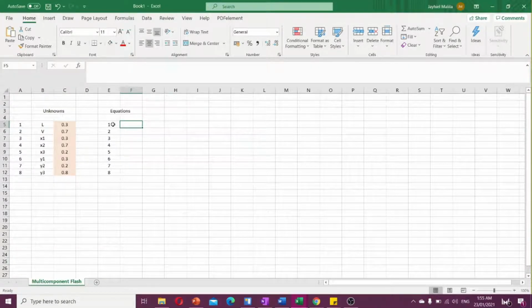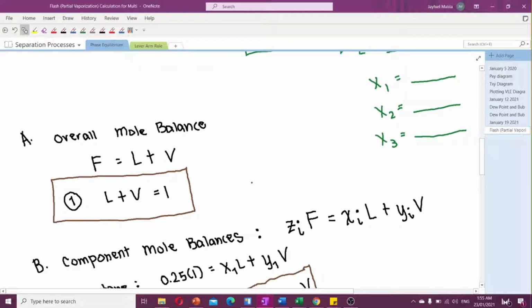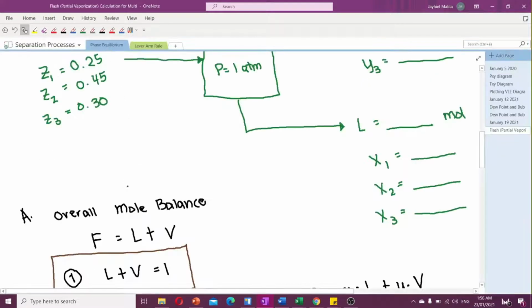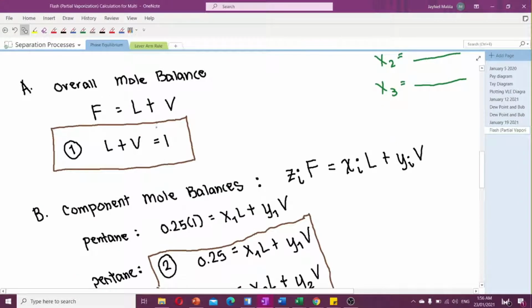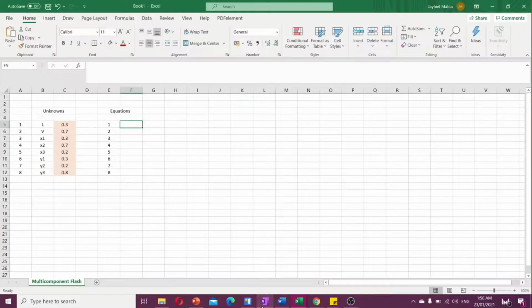That's what we call the dependent equation, and it's not useful, or we need to just look for one important equation that can help us in solving for the unknowns. Okay, so we can try using this one: L plus V equals 1.